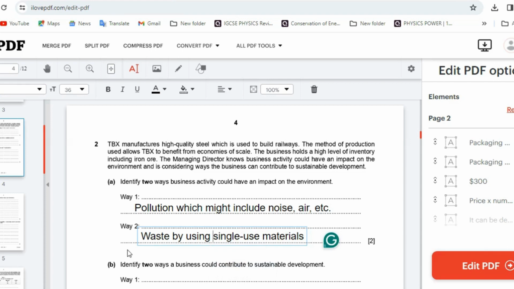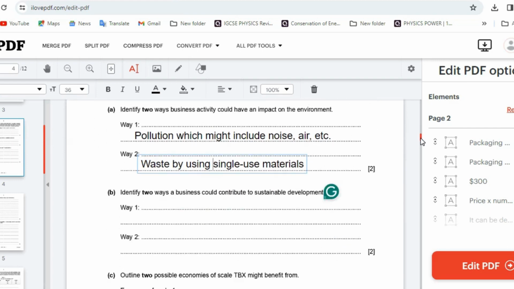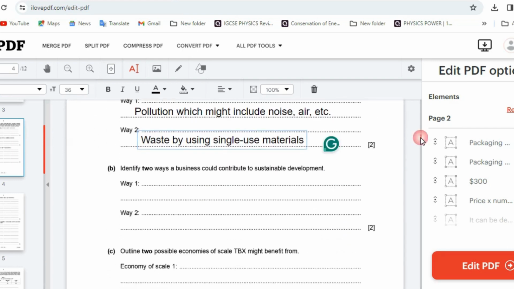Now let's move to question 2B. Question 2B says we should identify two ways a business could contribute to sustainable development.